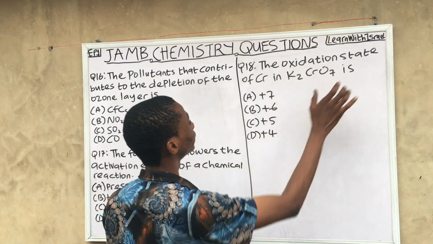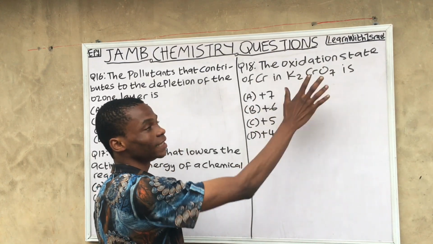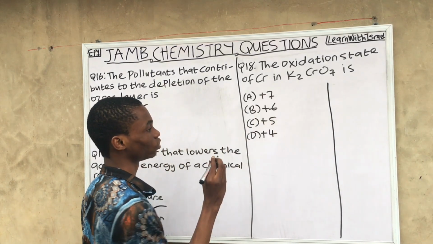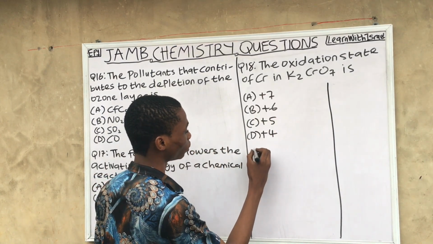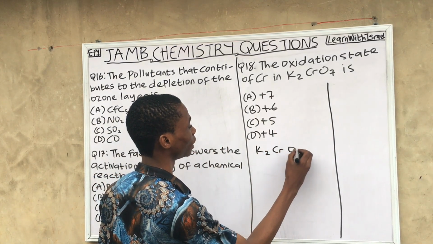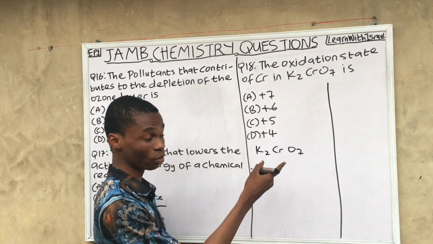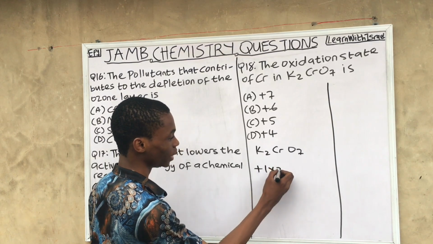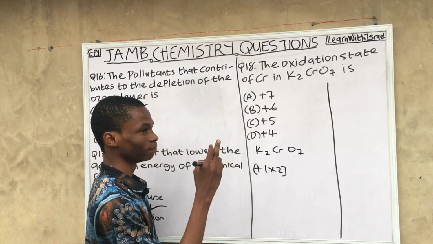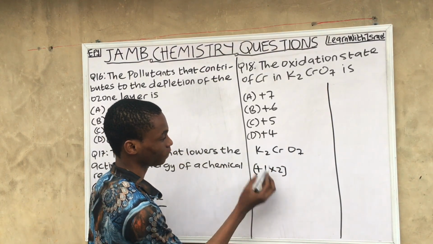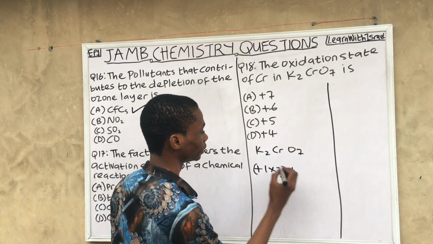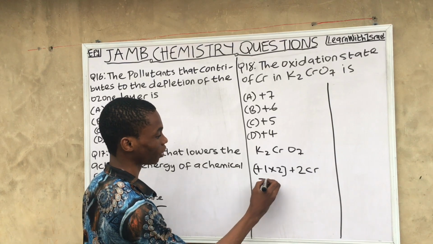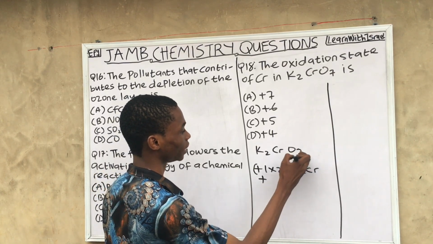The oxidation state of Cr in K2Cr2O7 is, so let's solve. Our K is +1, so K2Cr2O7, and we have to find Cr, which is chromium. So K is +1, multiplied by the 2 here, plus 2Cr, plus O7.